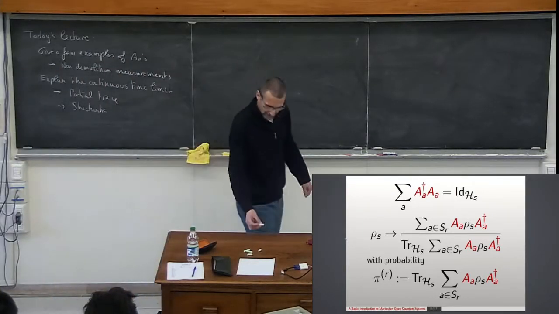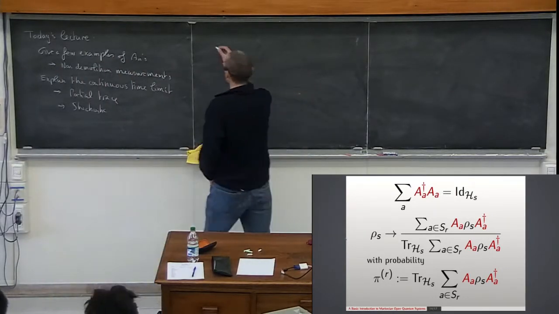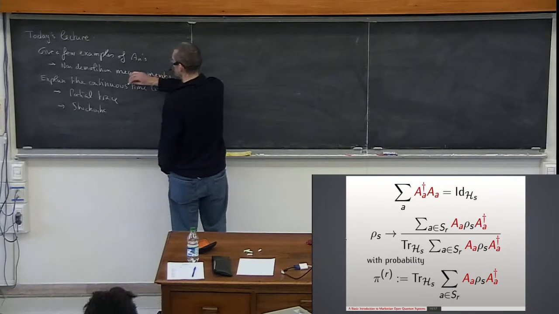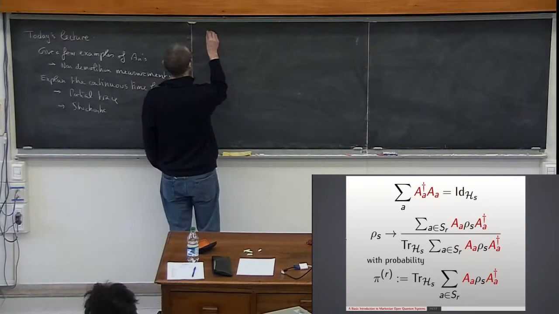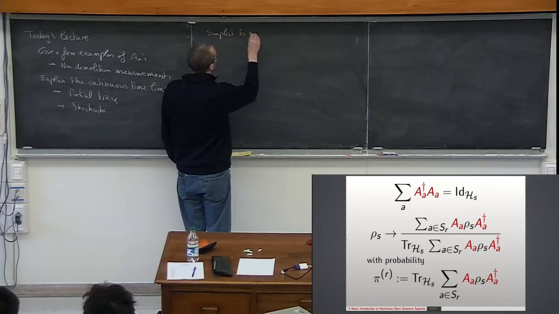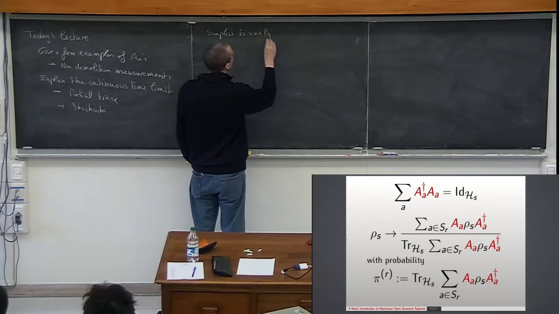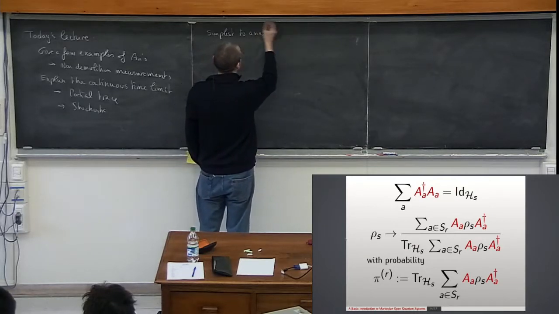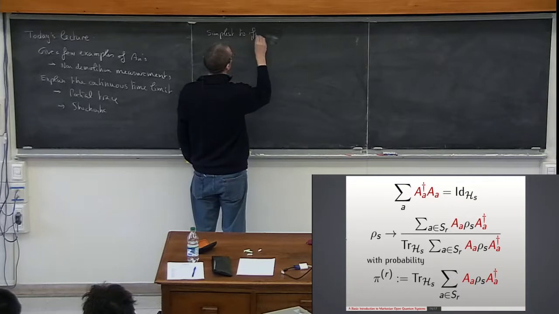Okay, so I will give two examples. So before going to non-demolition measurements, I will give the simplest example, which in fact is not so clearly the simplest to analyze, but at least it's easy to understand, to formulate at least.